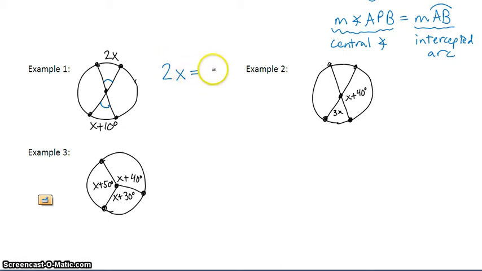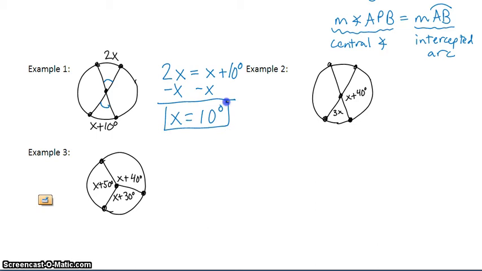So in order to solve for x, I first need to set up an equation. In this example, the two arcs are equal to each other: 2x equals x plus 10. Now I can solve for x. X equals 10 degrees. So this arc would be 2 times 10 degrees, or 20 degrees. And this arc would be 10 plus 10 degrees, or 20 degrees.